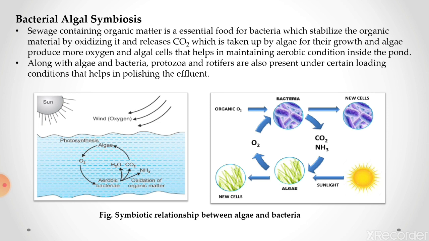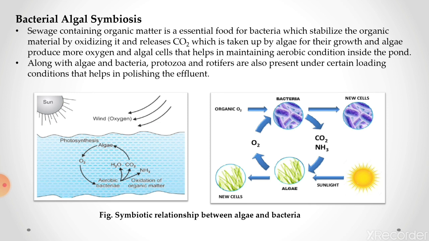Now what exactly is happening during the stabilization of wastewater in the oxidation pond is the bacterial algal symbiosis. Now what is the symbiosis between the bacteria and algae? Let us see. Sewage containing organic matter is essential food for bacteria, which stabilize the organic material by oxidizing it and release carbon dioxide, which is taken up by the algae for their growth.